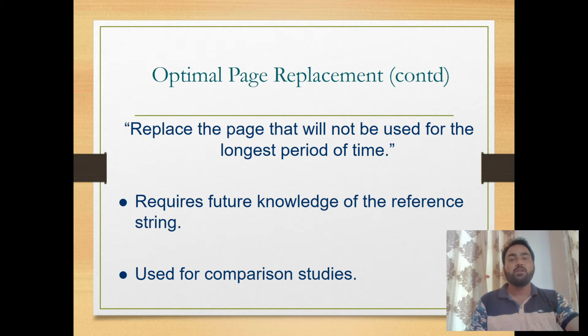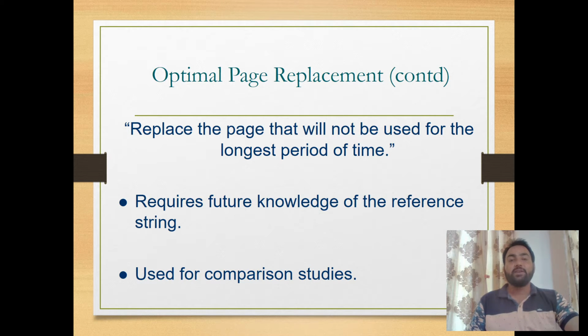We will look forward from the page that is required to be replaced in the future string to see which page will not be required for the longest period of time. That page will be the victim and will be replaced by the desired page in the system.